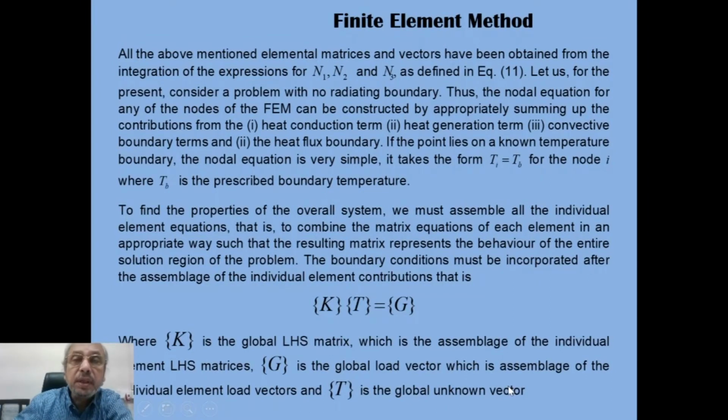global unknown vector. As I mentioned earlier, each node we are identifying as 1, 2, or 3 based on an element. But if we globally count all these nodes, maybe there are 150 such nodes. So one node has an identification as a global node number.